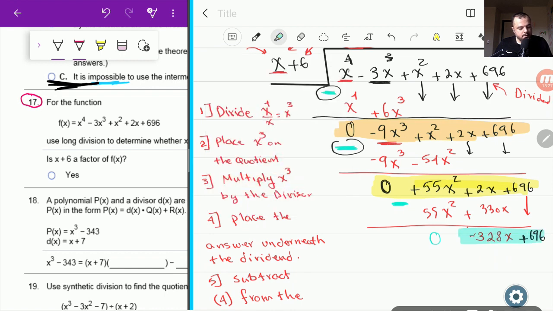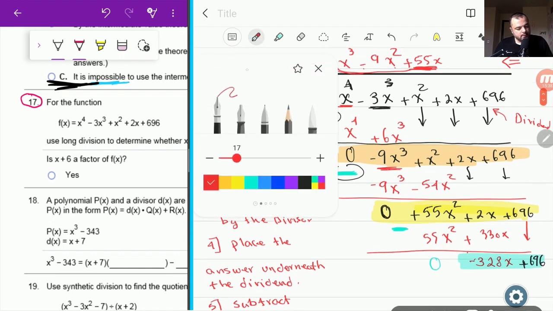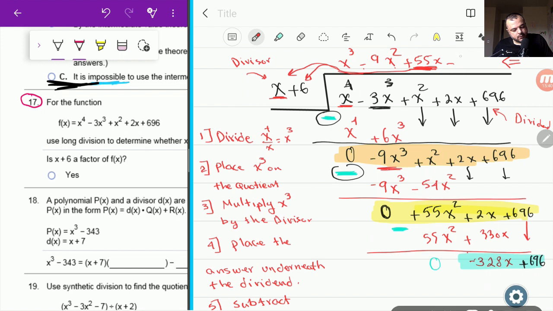We repeat again. So we have another dividend. We divide. Negative 328x divided by x is negative 328.